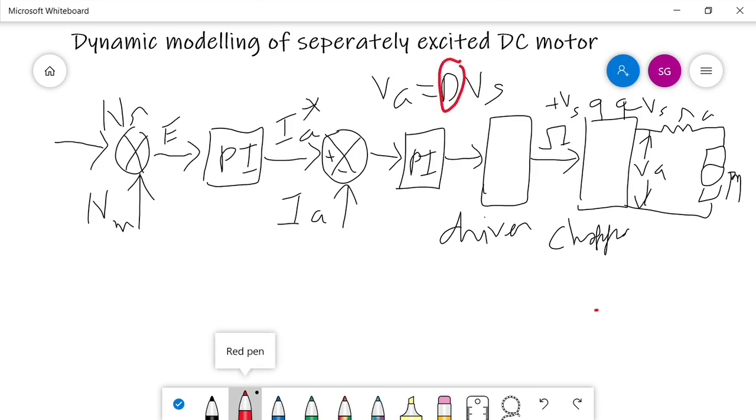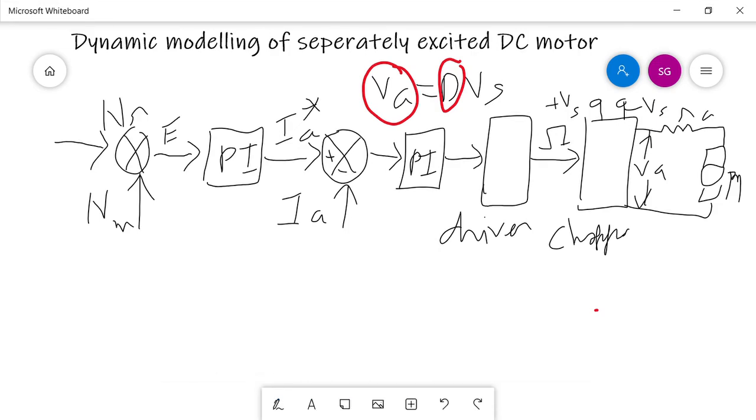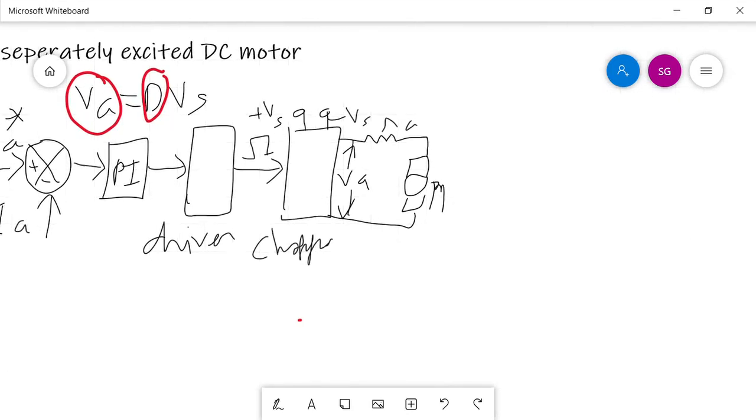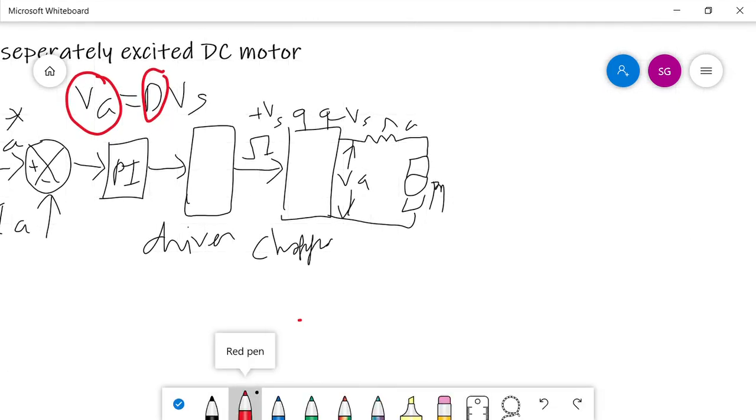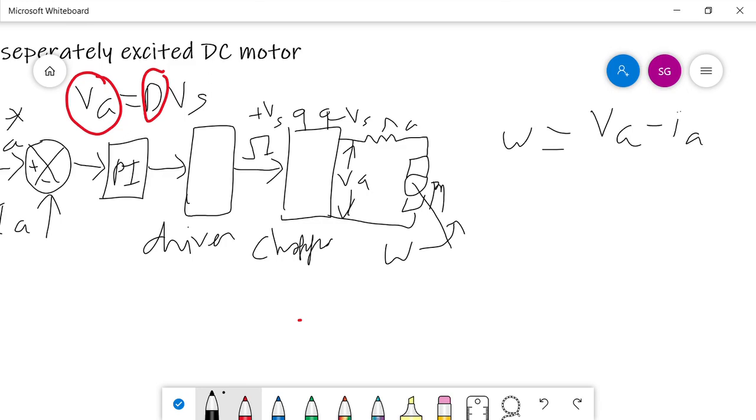D is variable, so VA is also variable, and we know that our omega, the rotor speed of this DC motor, is equal to VA minus IA RA upon K. K is the machine constant.